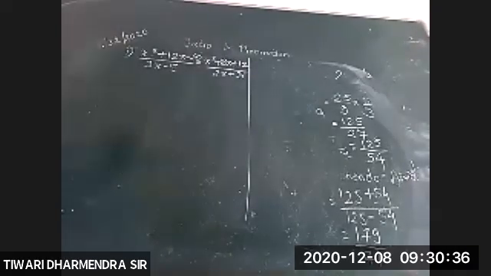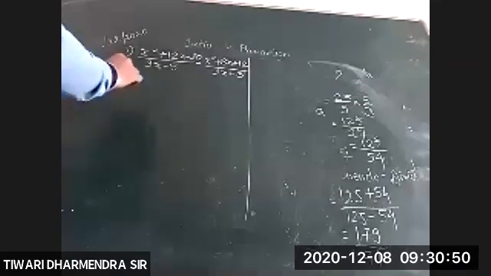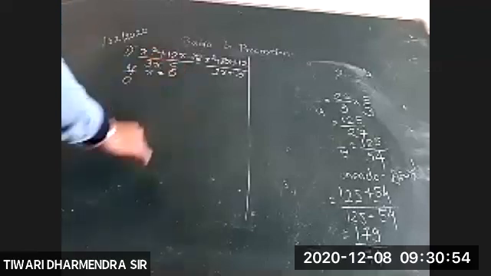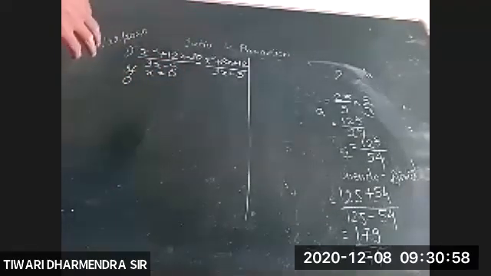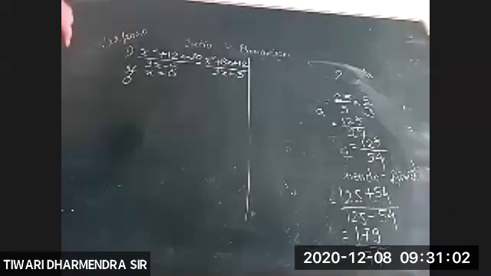Can the value of this ratio be 0? Is it possible? If you need to check whether 0 satisfies this ratio, just put 0 in the given equal ratio. If x equal to 0, what will happen? We are trying to check whether x equal to 0 satisfies this given equal ratio.